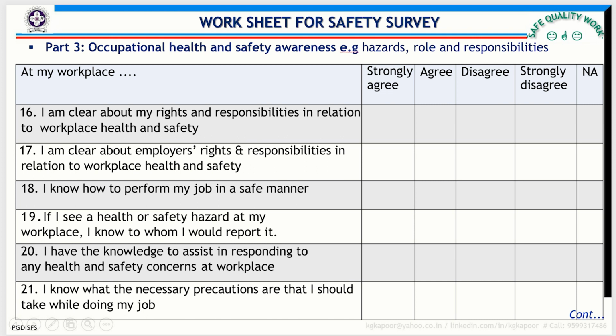Similarly, there may be a question related to occupational health and safety awareness: at my workplace I know what the necessary precautions are that I should take while doing the job. Your choice will be within the given answers: strongly agree, agree, disagree, strongly disagree or not applicable.